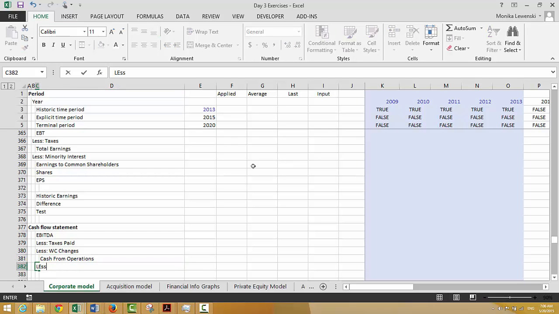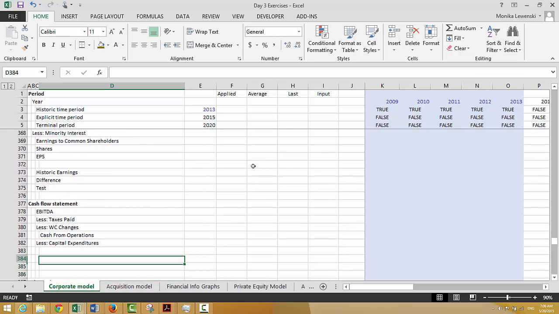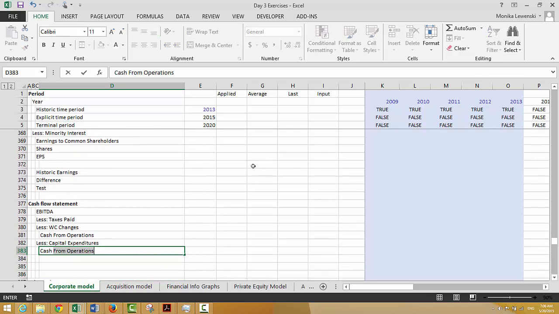And then less the capital expenditures, and then we can put the cash before financing. And then once we put the financing in, let's put less the interest expense, which we already have, and then add the interest income.